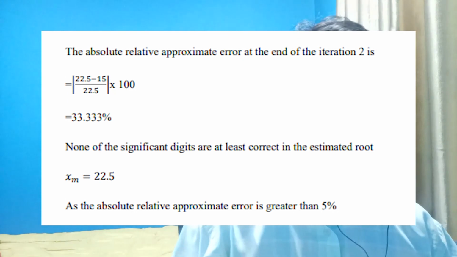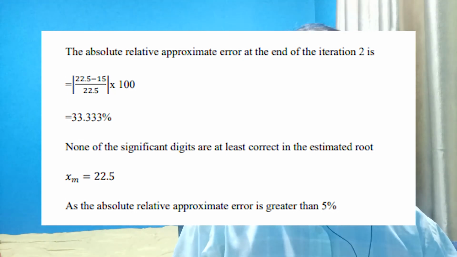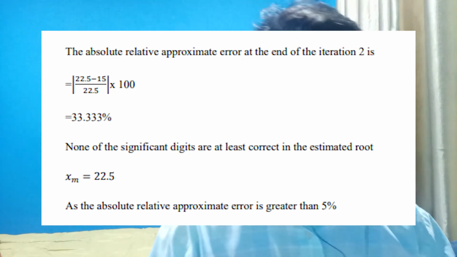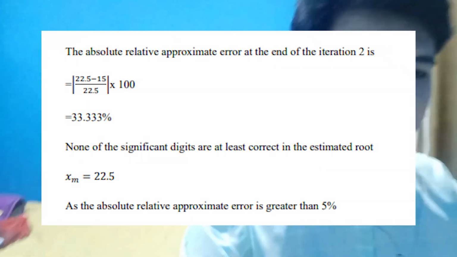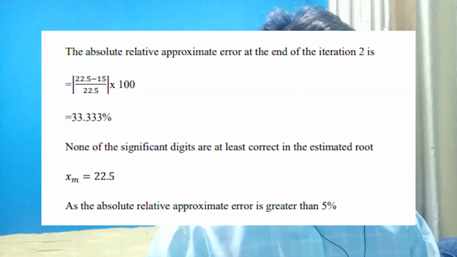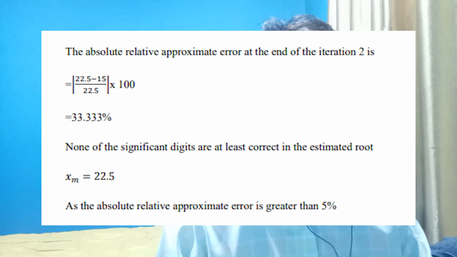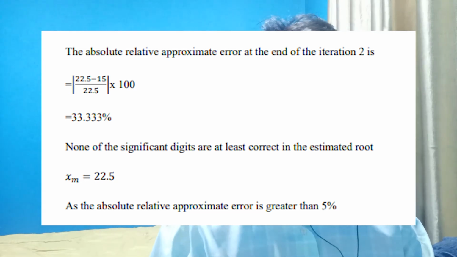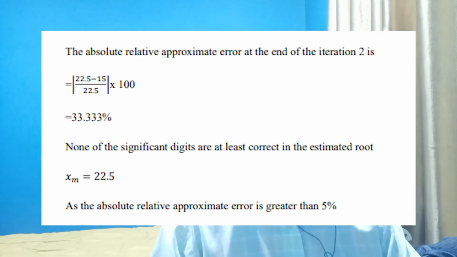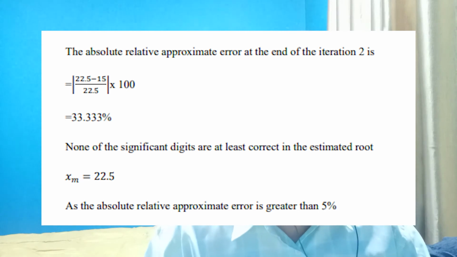So this part will explain the absolute relative approximate error at the end of iteration 2, stated as below: 22.5 minus 15 over 22.5 times 100. So we will get 33.333%.